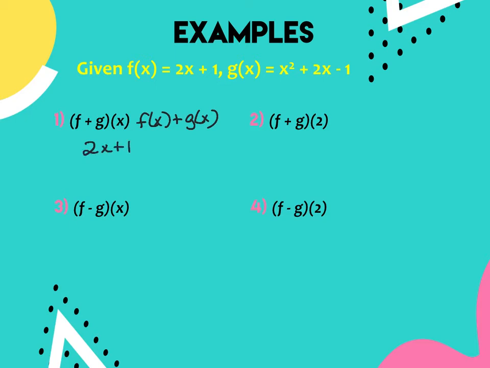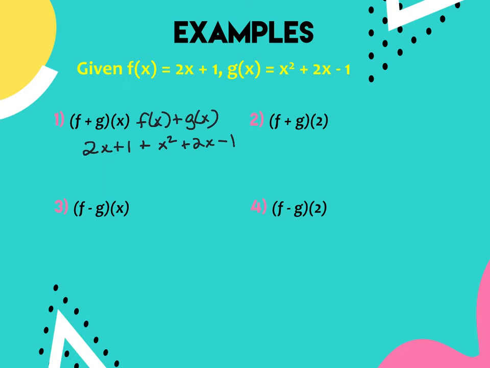It's 2x plus 1. And then I'm going to add that to the g of x function. Essentially all we're doing here is combining like terms. So I'm writing the f of x function, which was here, and then my g of x. And now I go back and look for any like terms that I can combine.